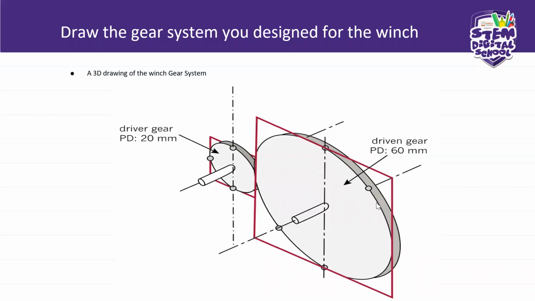We are drawing a gear system for the winch. This one is 20 millimeters, so this one is 60 millimeters.